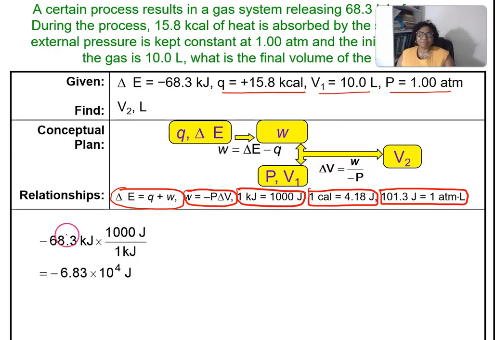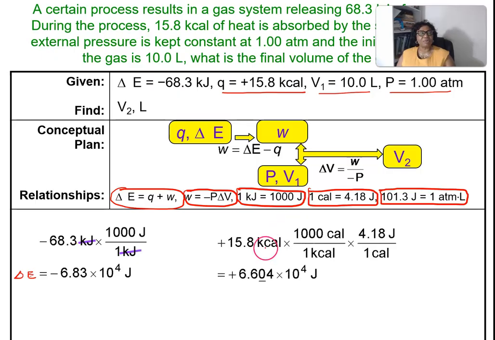First of all, let's convert our kilojoules energy to joules. So this is our conversion factor. That's our joules, and this is our internal energy, delta E. Now we want to convert our Q, the heat absorbed, to joules.